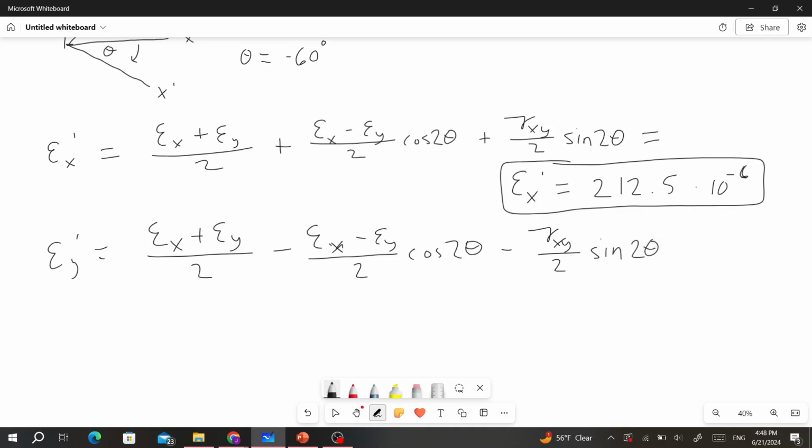We'll plug this all into our calculator, which we won't do here just to save time. That's a simple thing to do. We get that epsilon y prime is equal to 337.5 microstrain, so 337.5 times 10 to the minus 6.